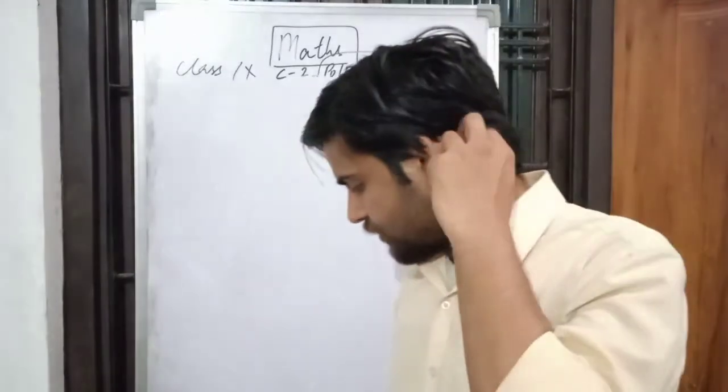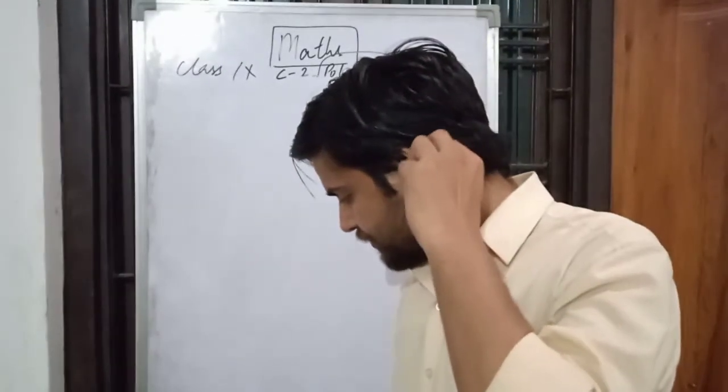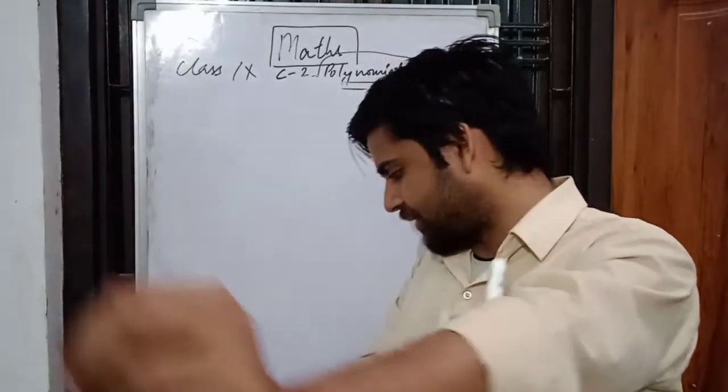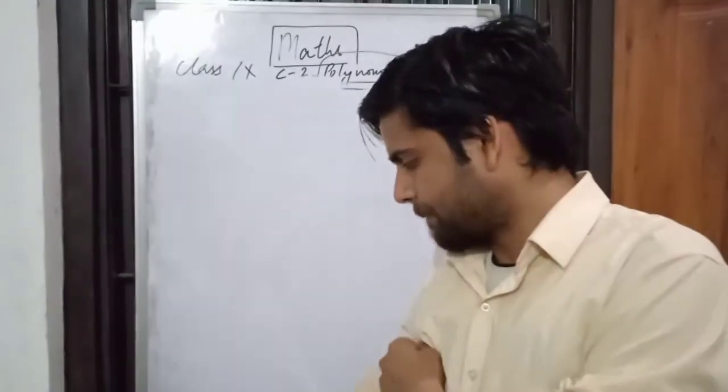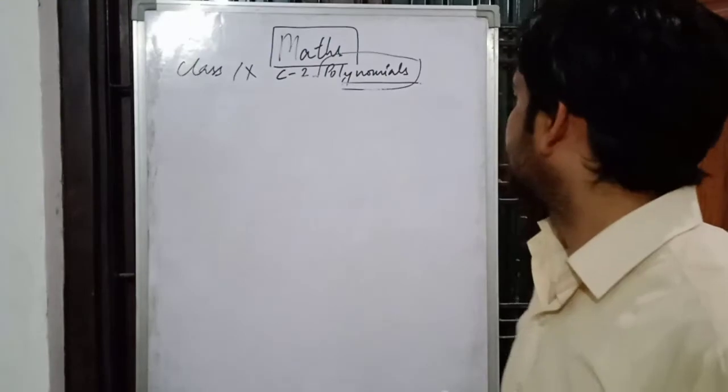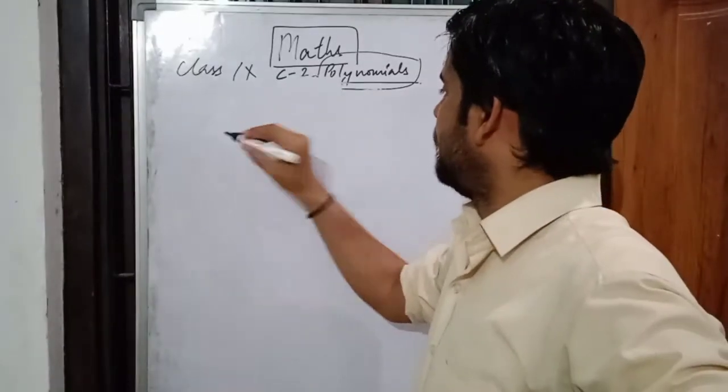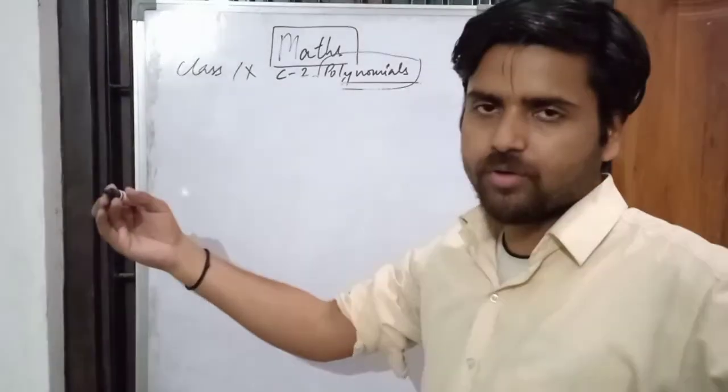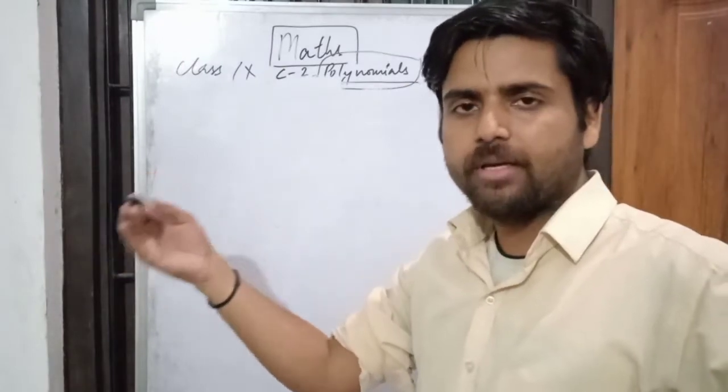Alright. So now here we'll be seeing some examples of polynomial in one variable.